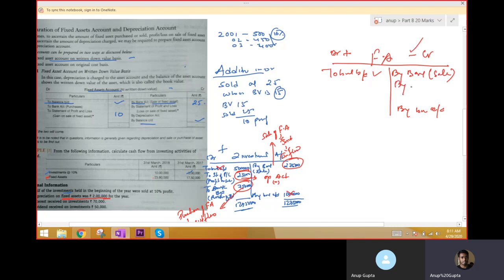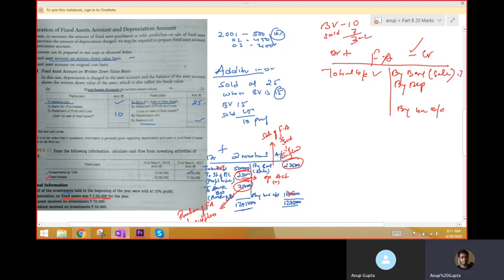So by depreciation. If there is any loss on sale, again I'll explain that if the book value of the asset is 10, and it is sold at 7 rupees, that means 3 rupees is the loss.